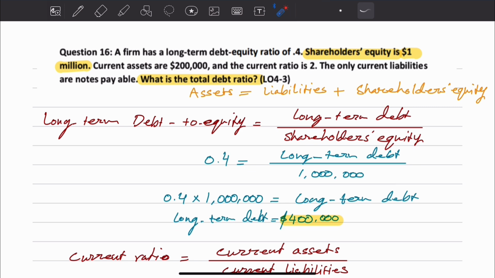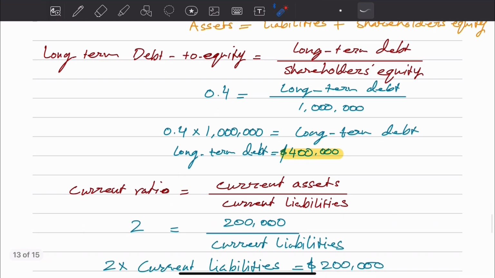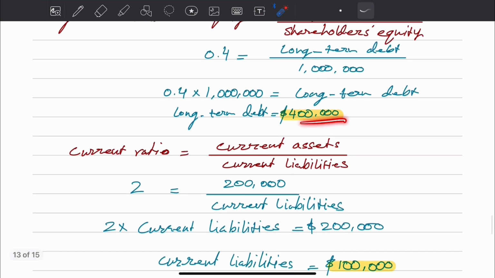If the long-term debt to equity is 0.4, and I know that this ratio is calculated by dividing the long-term debt over the shareholders' equity, then I can apply the ratio and work my way backwards to find the long-term debt for the company, which we figured out to be 400,000.